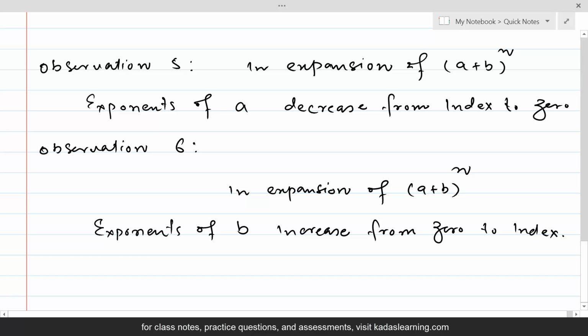So that is an easier way to remember how to apply binomial expansion, keeping in mind these observations.